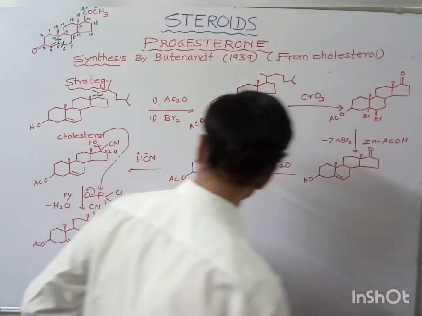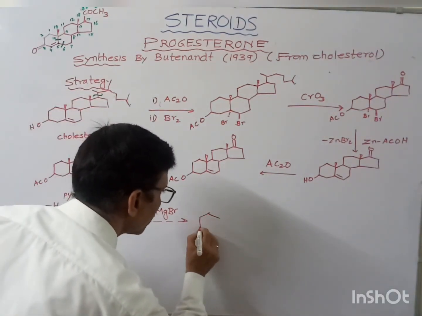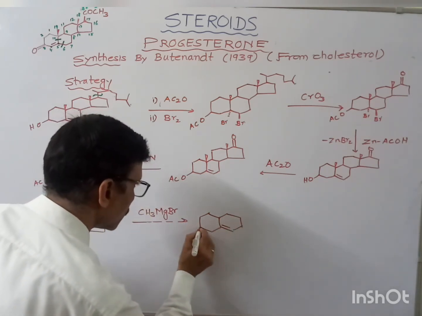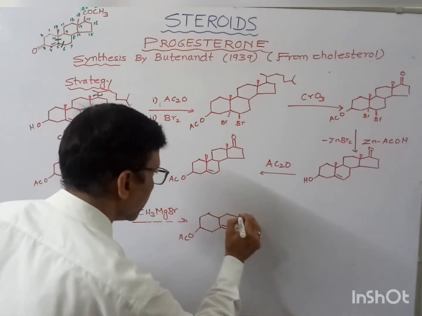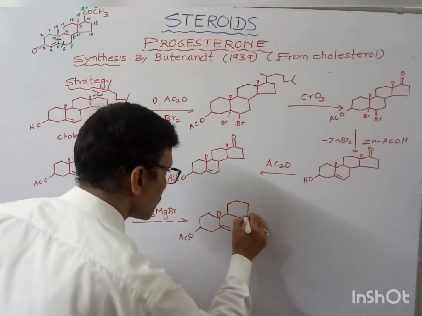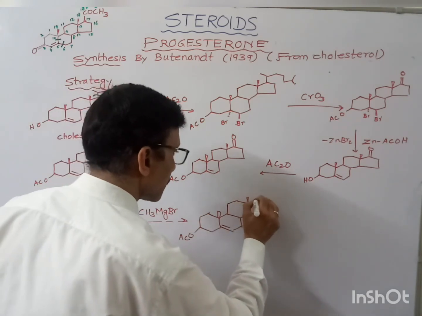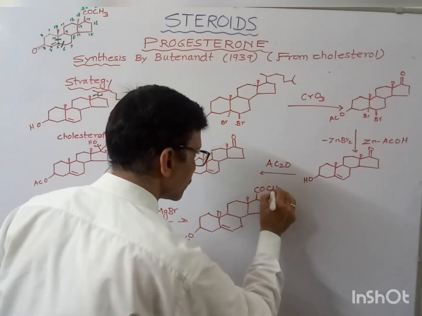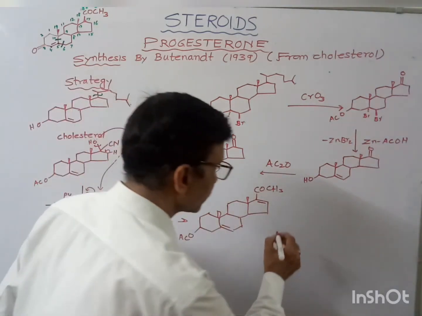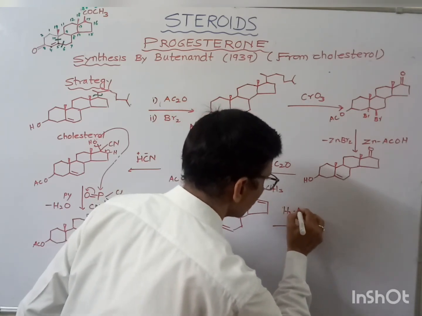Now we can write here this product. We may write the product OAC and COCH3, and one double bond is present. Okay. Now the next step would be the partial reduction in the presence of H2 Raney nickel.